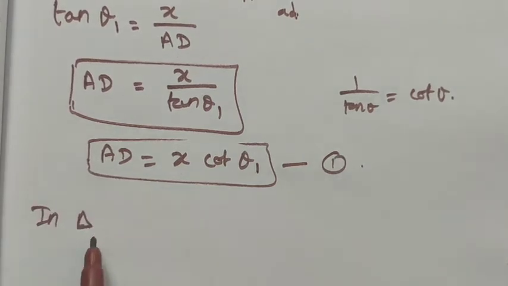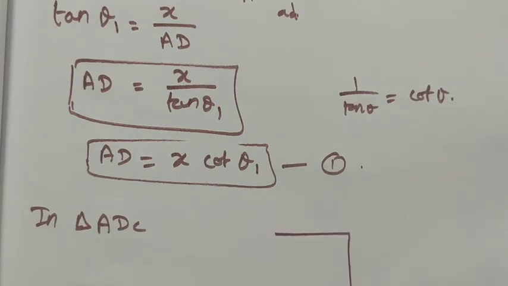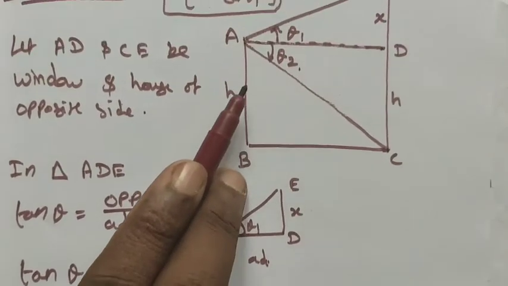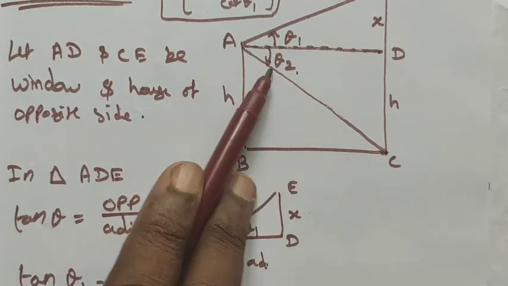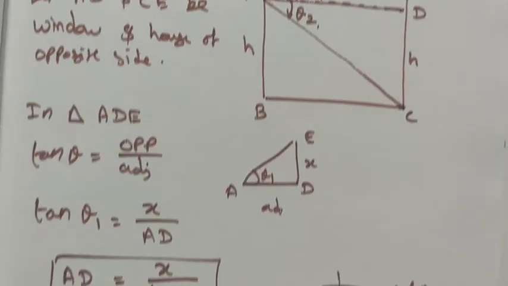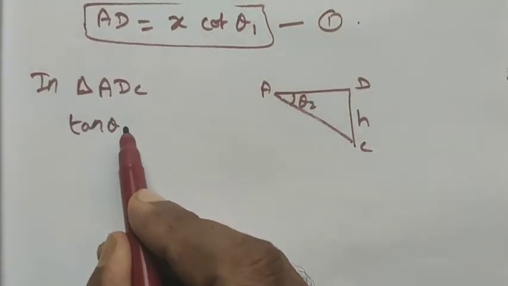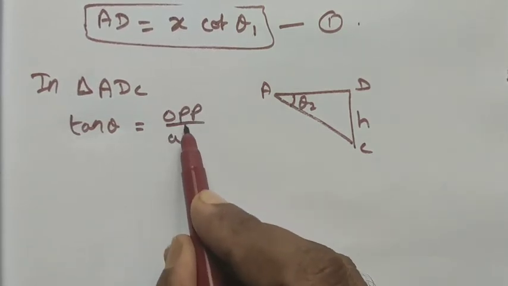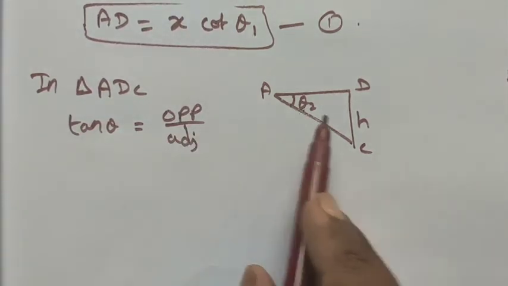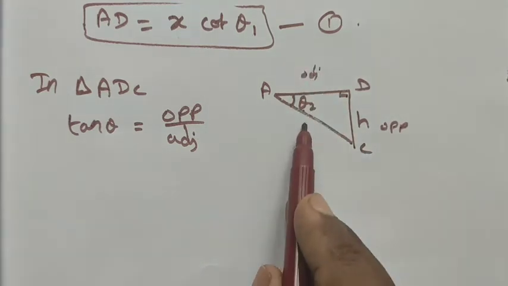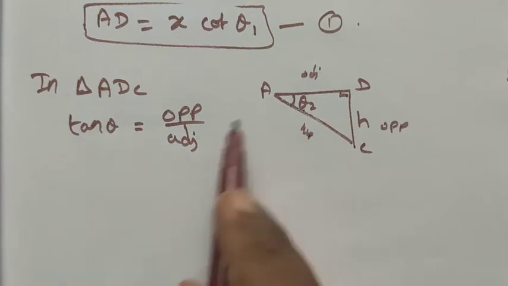Next, in triangle ADC, see the triangle is like this. This is ADC, this is theta 2 and this is h, the height DC is equal to h. Here also we use the same ratio, tan theta is equal to opposite side divided by adjacent side. Theta is inclined here, this is the opposite side, this is 90 degrees, this is the hypotenuse, and this is the adjacent side.